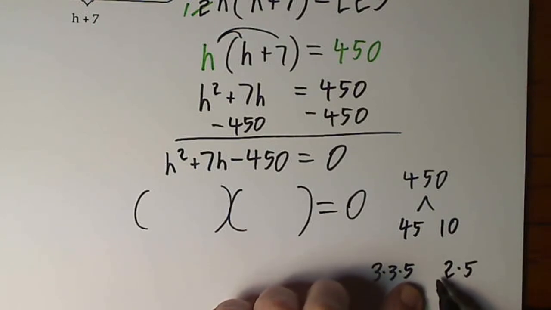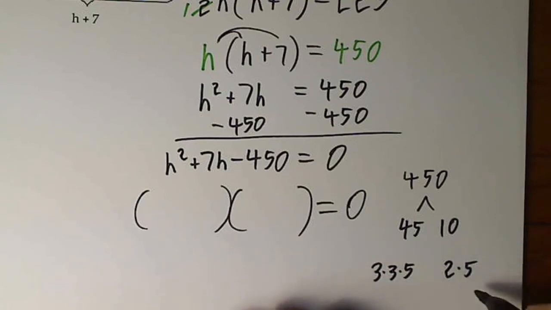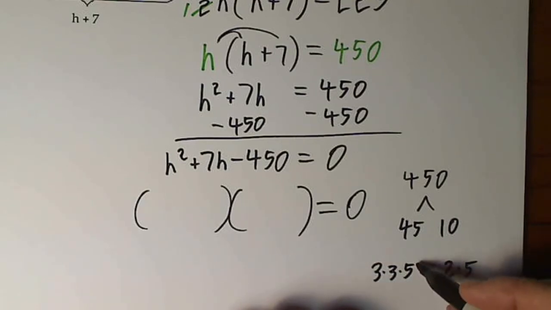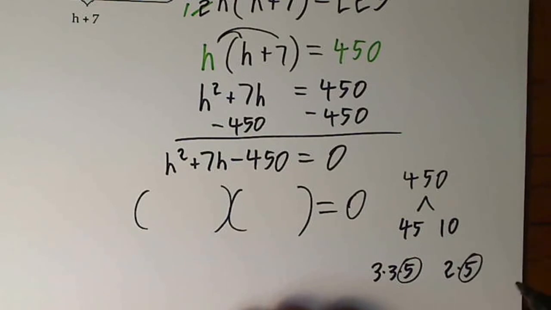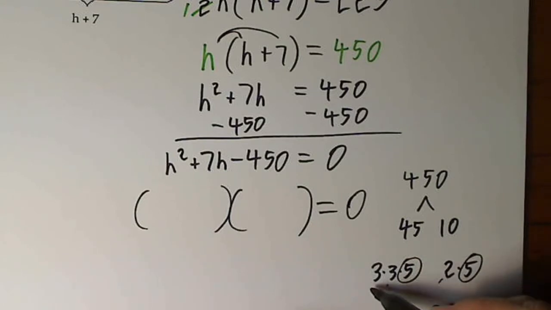10 and 45, 30 and 15, 25 and, 6 and 2 is 18, there it is. So if I grab this 5 and this 5, that'll give me 25, and that leaves the 2, the 3, and the 3.